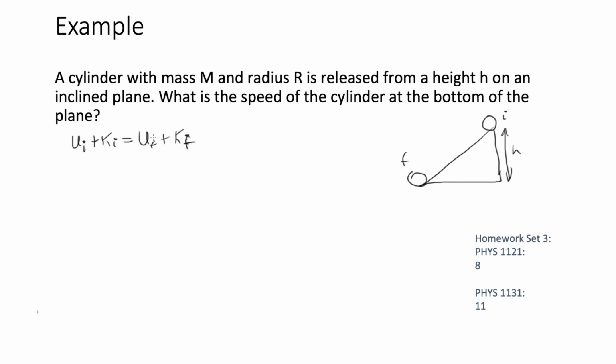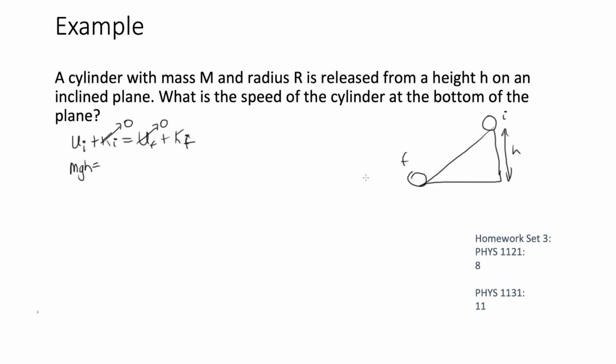Now the initial kinetic energy, if it starts from rest, is 0 as it's not moving. And at the bottom of the slope, the height is 0, so it's got 0 potential energy. So we can say, well, the initial potential energy, which is mgh, is equal to the final kinetic energy.